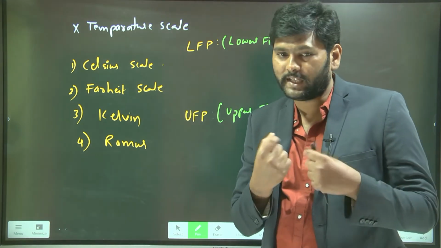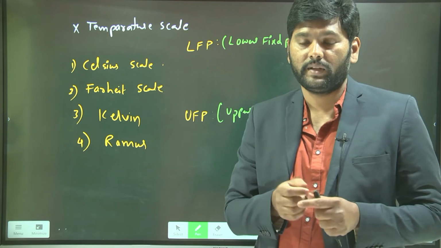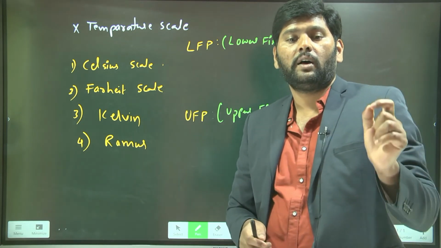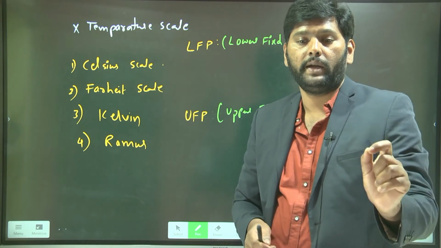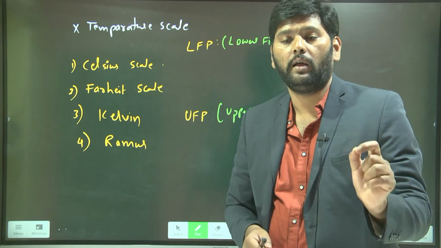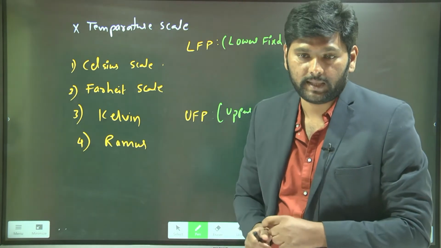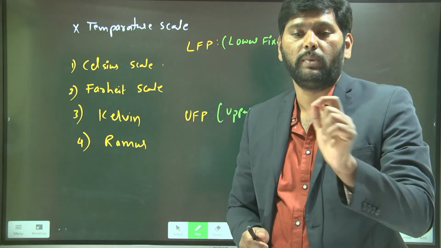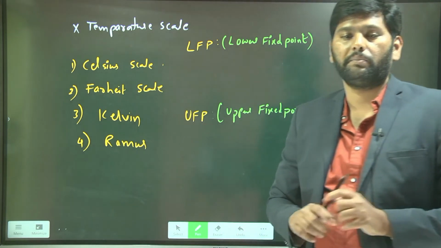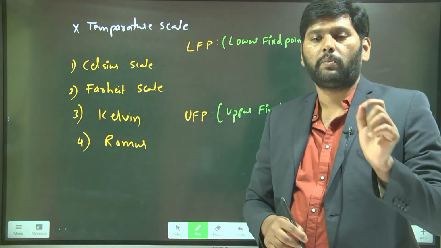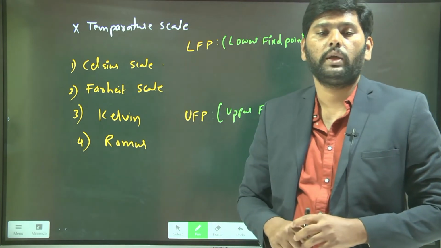The slight difference is where the ice is melting. The temperature point at which the ice melts is called the lower fixed point.